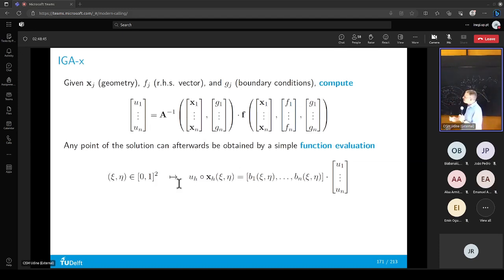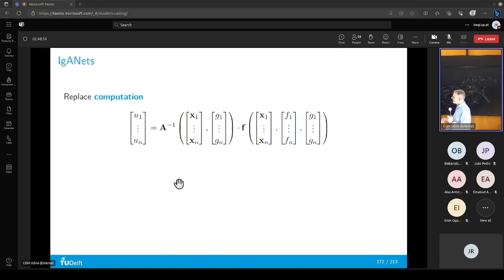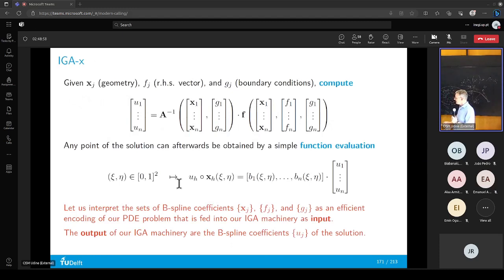I'm putting this IGA thing in this abstract form because we do exactly the same now with IGA nets. This was just what I said already before. We now use all these coefficients as finite dimensional inputs, and finite dimensional outputs, to our network.